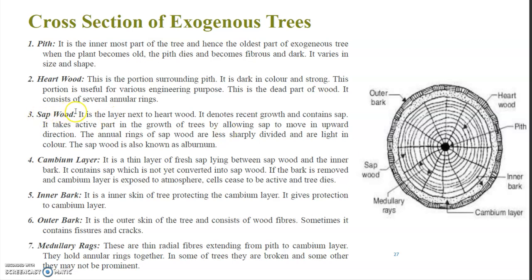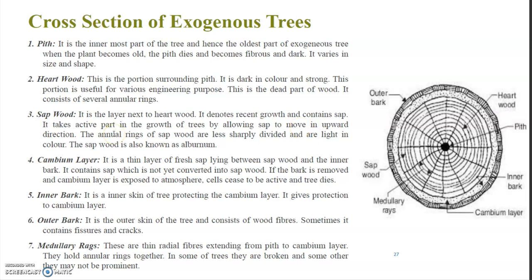Out of all these components, the sapwood has importance here because it is the layer next to the heartwood. It denotes recent growth and contains sap. It takes an active part in the growth of trees by allowing sap to move in the upward direction.